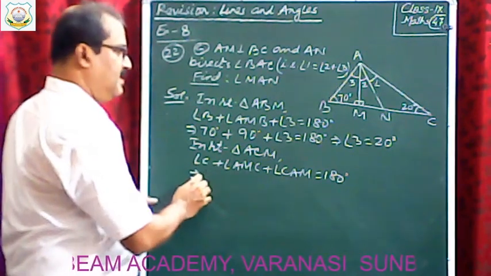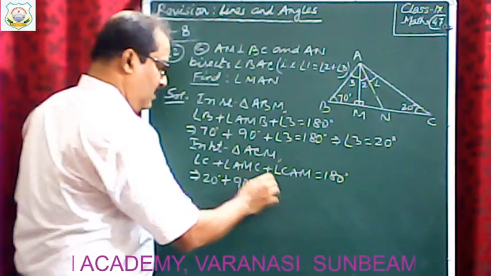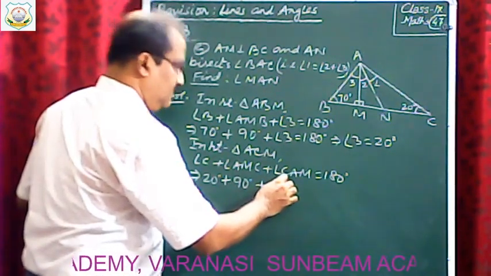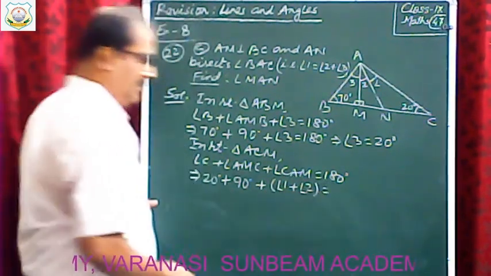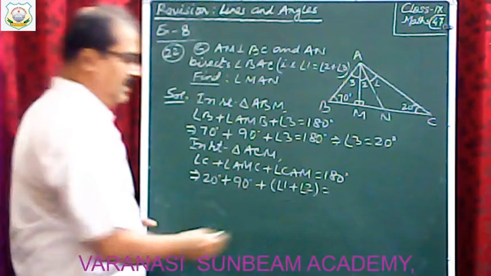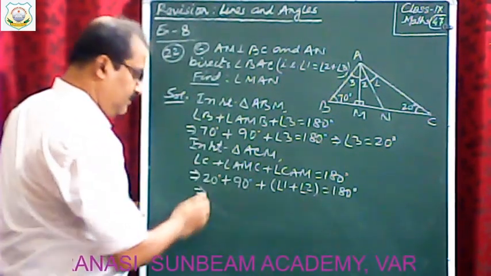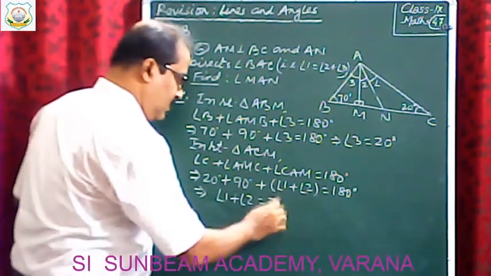Implies that angle C is 20 degrees plus 90 degrees plus, in place of angle CAM, you have to write angle 1 plus angle 2 according to the figure. What we get finally? Angle 1 plus angle 2 equal to 70 degrees.